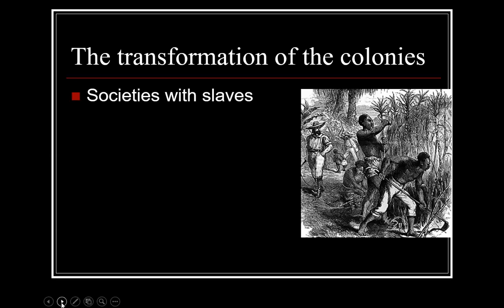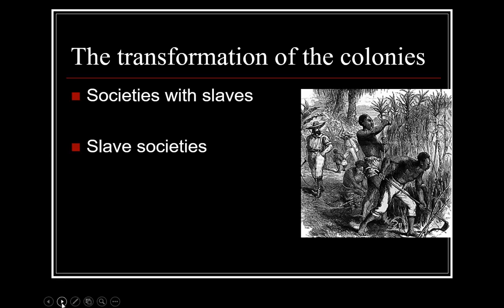But predominantly, they're not as prevalent as in the South. And so the North becomes a society that includes slaves. The South, however, became a slave society. A great transformation takes place where slavery just explodes in the South, but not in the North.